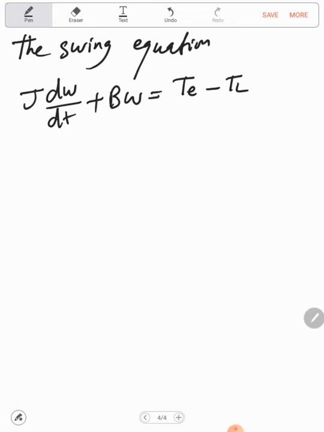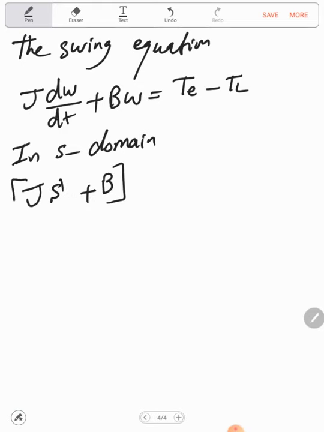Here I'm assuming a motor action. Now in the s domain, taking the Laplace transform, this will read as (Js plus B) multiplied by omega of s equal to Te of s minus TL of s.